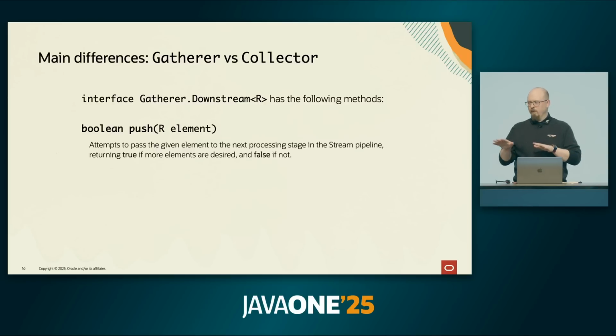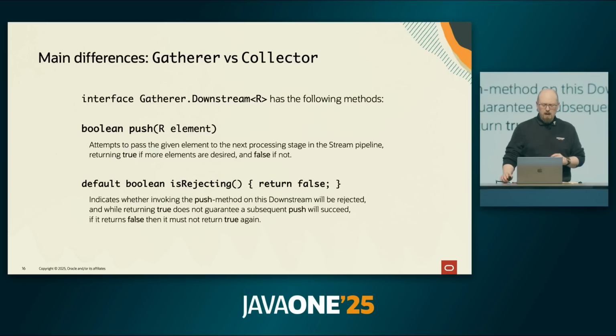And as you may recall from the previous slides, the integrate method also returns a Boolean, which is the same thing: I do not want any more elements, or I do want more elements. So if you're trying to push something downstream and they don't want any more elements, that might mean you don't want any more elements, and you'll just return that.